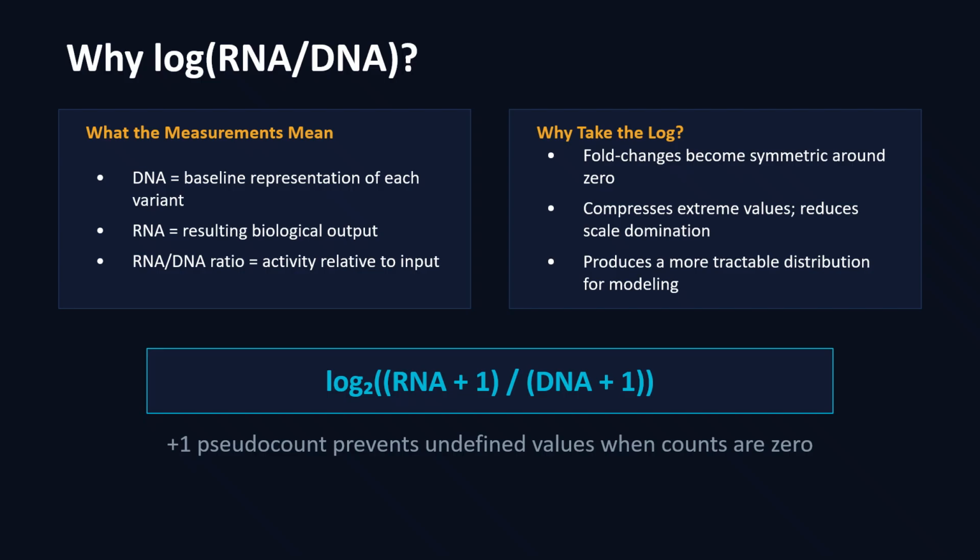In practice, we compute log 2 of (RNA plus 1) divided by (DNA plus 1). So this plus 1 prevents undefined values when counts are 0. So it's a practical solution, but it does influence behavior at very low counts, which is why filtering and coverage checks still matter.